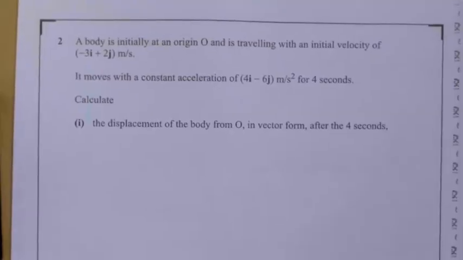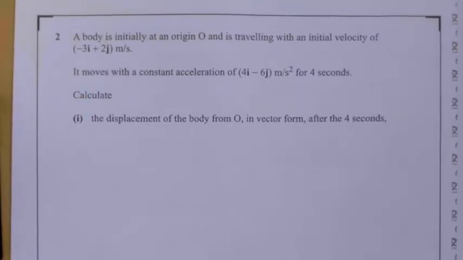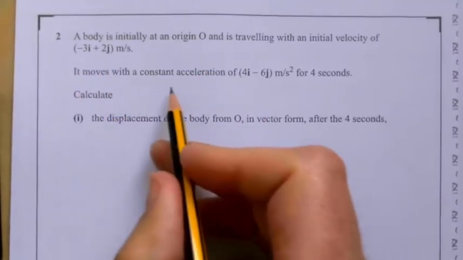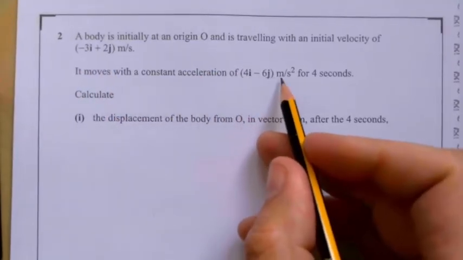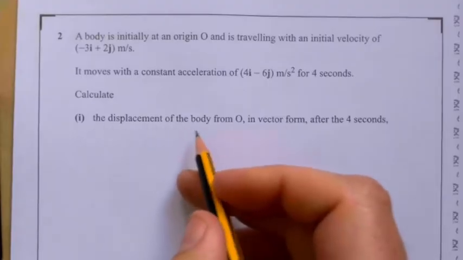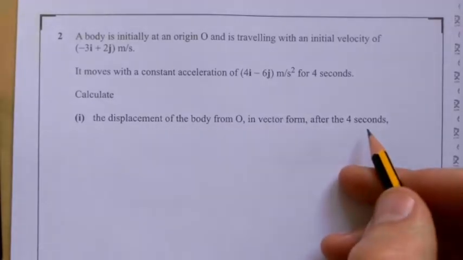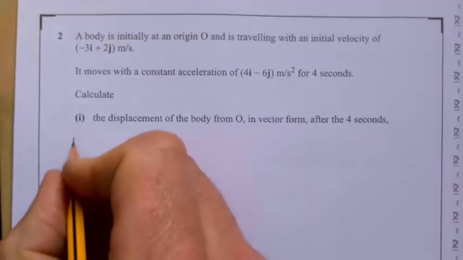A body is initially at an origin O and travelling with an initial velocity of minus 3i plus 2j. It moves with a constant acceleration of 4i minus 6j for 4 seconds. Calculate the displacement of the body in vector form after 4 seconds. So we would use UVAST.